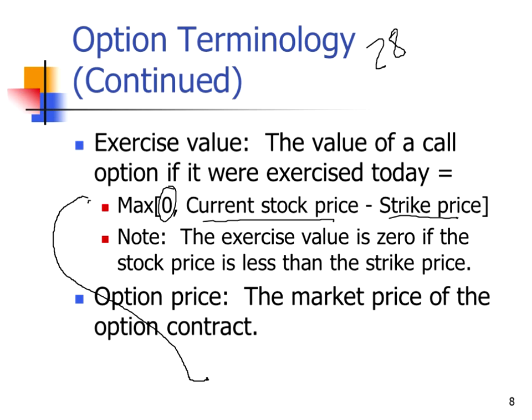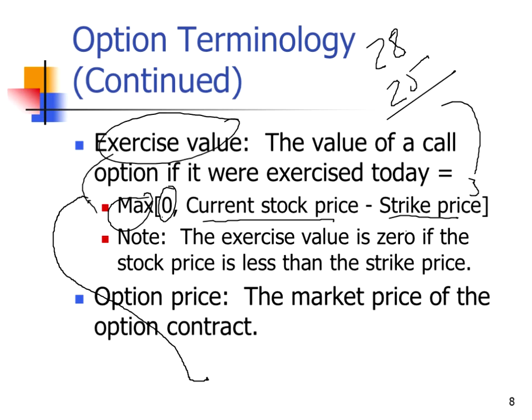So for example, if the current stock price is $28 and the strike price is 25, then in this second possibility, the value will be $3. So what would be the maximum of the two, between 0 and 3? It's 3, right? So in this case, the exercise value would be $3.